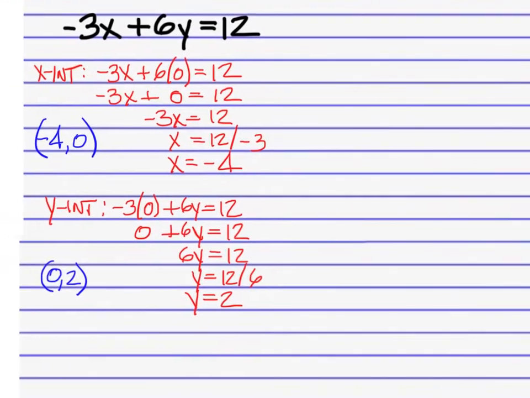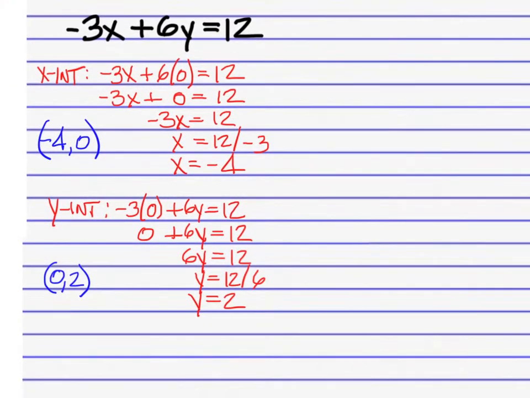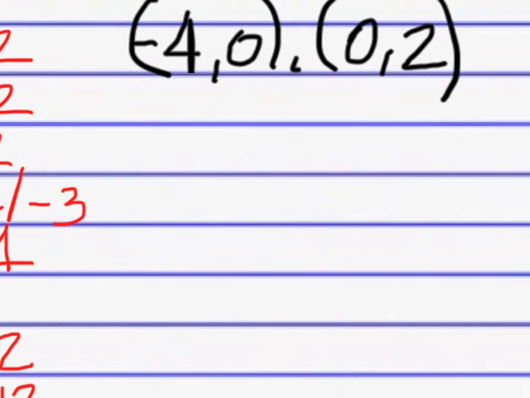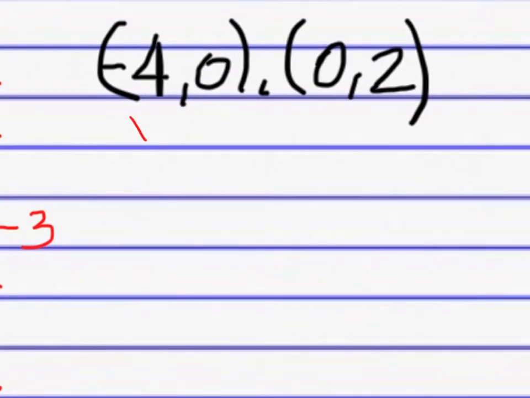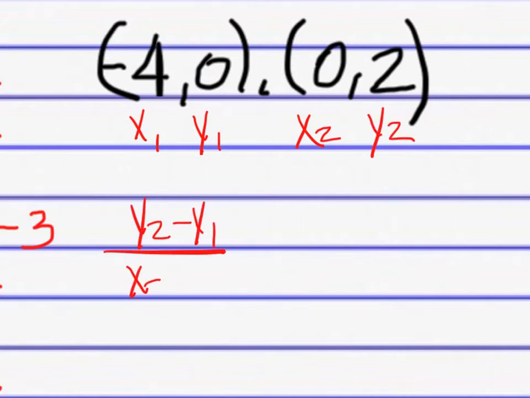So the 2 points that we have are negative 4, 0, and then 0, 2. We'll find the slope given those 2 points, x1, y1, x2, y2. And the formula is y2 minus y1 over x2 minus x1.